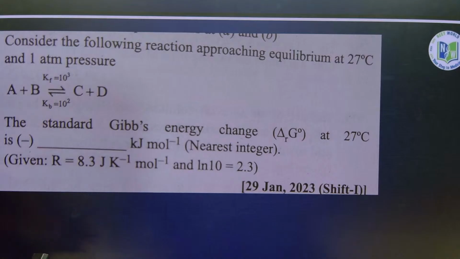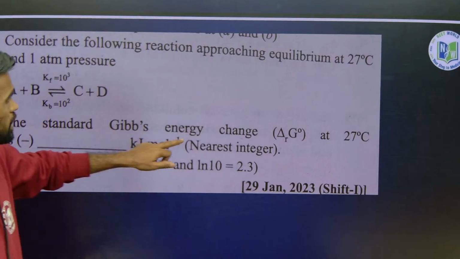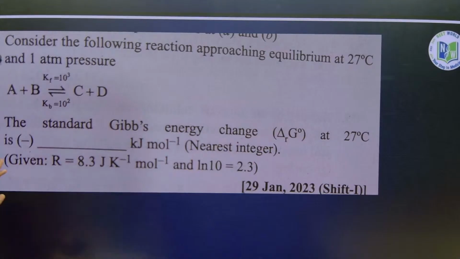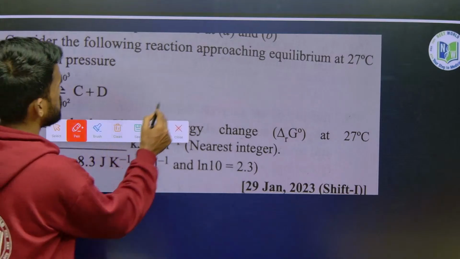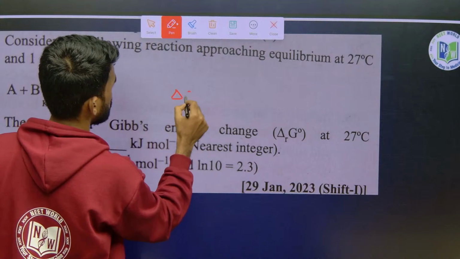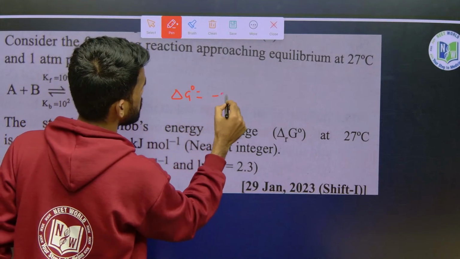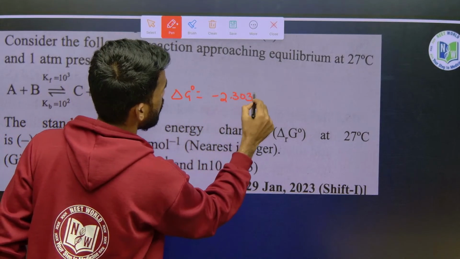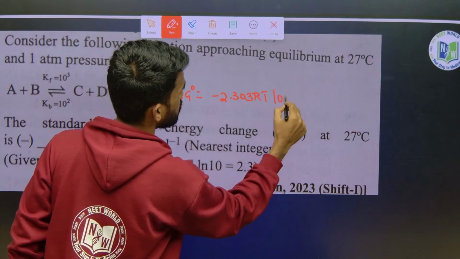So how simple, the standard Gibbs free energy change at 27 degrees Celsius they are asking. So what to do here, tell me. First calculate Kc. So delta G naught equals minus 2.303 RT log Kc. They gave the log value.